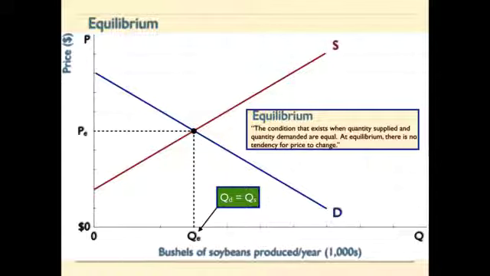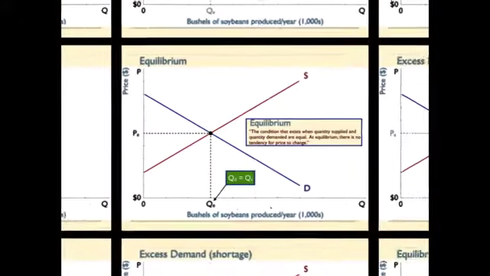So when you're doing any type of graphical analysis, just remember that the equilibrium occurs where the supply and demand curves intersect one another, and that equilibrium quantity is where the quantity demanded and the quantity supplied are equal to one another. Now, we may have a situation where the equilibrium price is not occurring in the market. We want to see how that impacts the market.